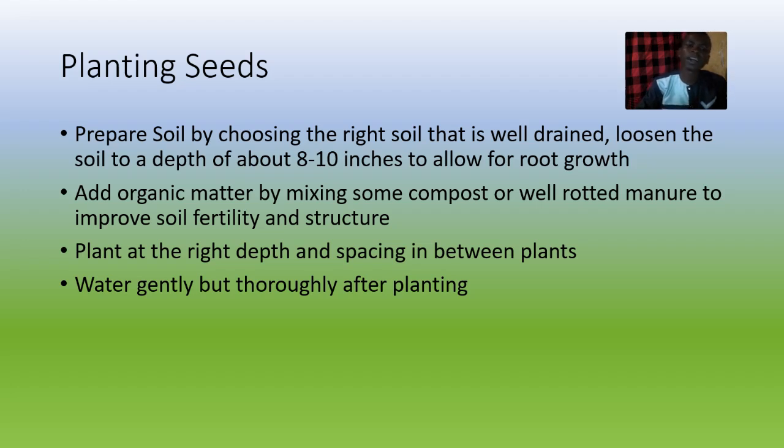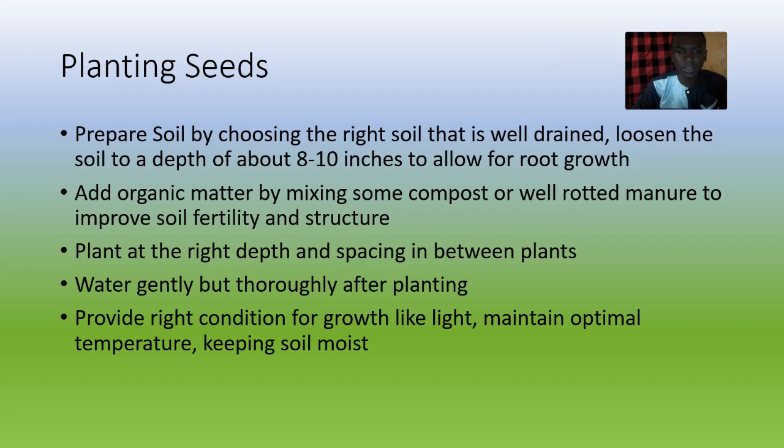Ensure that there is adequate water for plant growth. Then provide the right conditions for growth like light, maintain optimal temperature, and keep the soil moist. That is, watering those plants in order to keep the soil moist.